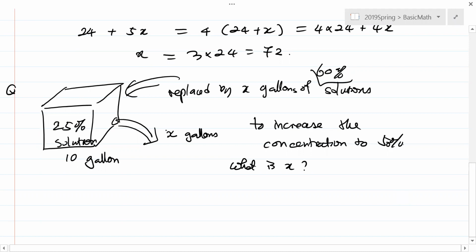But what I have right now is a 60% solution, high concentration. If you completely replace it, you get too high, 60%. So you maybe get rid of half of them, replaced by 60% solution. So the question is, how much of the original solution should be replaced? Can you set up the equation?